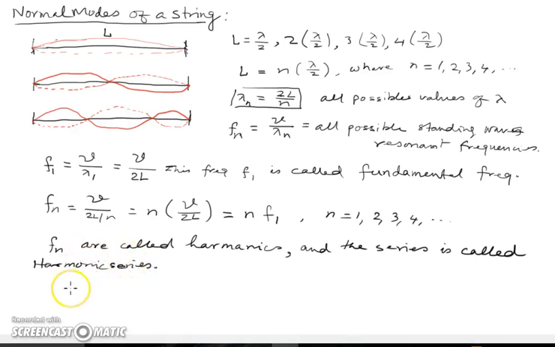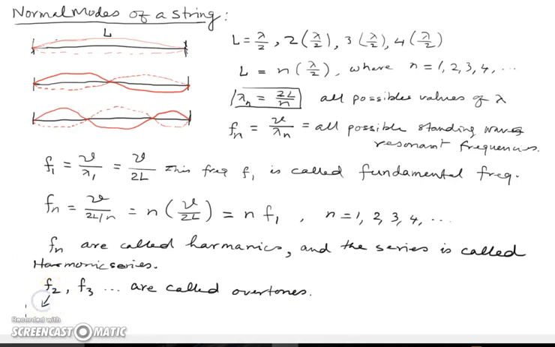Okay, now there's another name, F2, F3. These are called overtones. So for example, F2 will have two names.